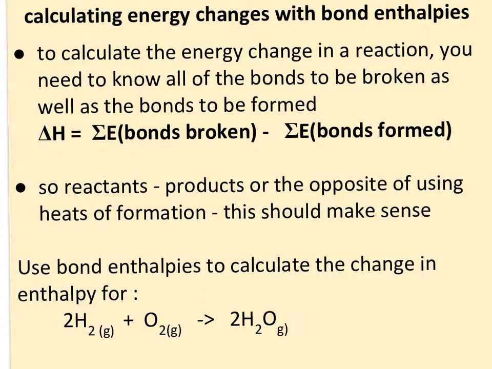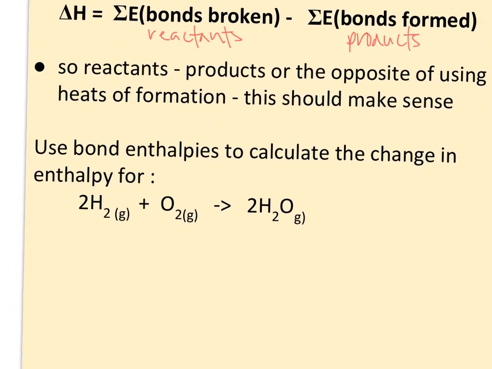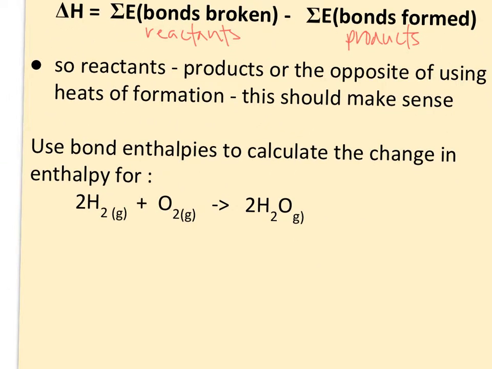And this should make sense because we're using the values opposite of the heat of formation, so we just flip the equation over also. So my problem here says use bond enthalpies to calculate the change in enthalpy for 2H2 plus O2 equals 2H2O. Now, if you want to express this as kilojoules per mole, which it often is, this equation could also be rewritten as just H2 plus half an O2 gives you H2O.